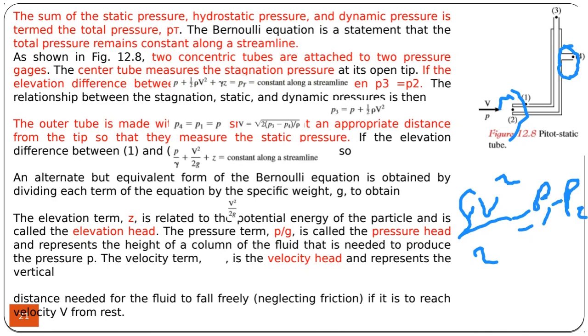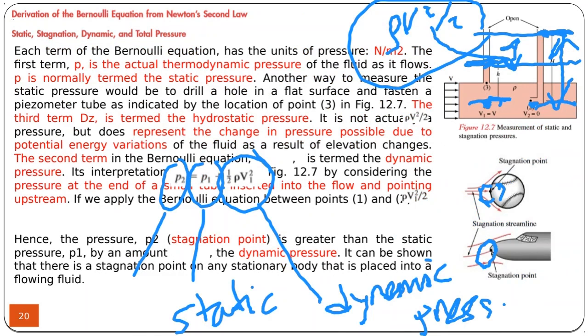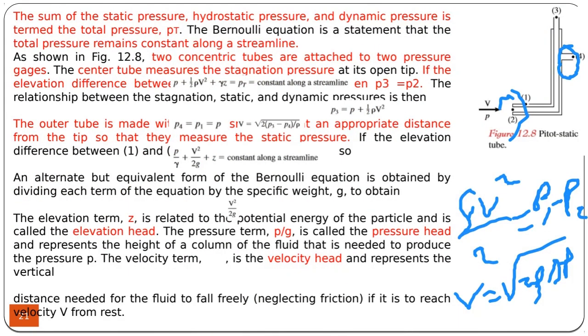So by using this, you can calculate V as the square root of 2 delta P divided by rho. So you just measure the delta P here, and by having the delta P in hand, you can calculate the velocity of the ship or the aircraft.